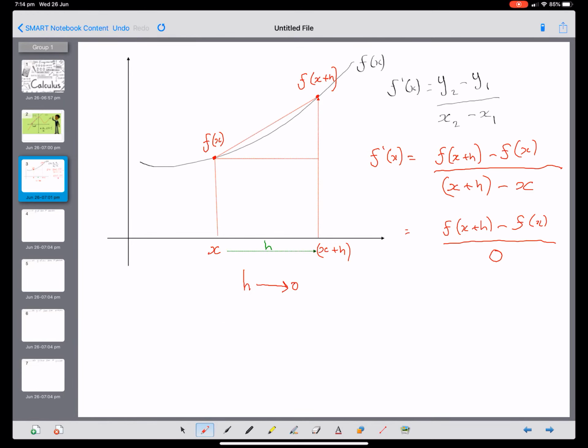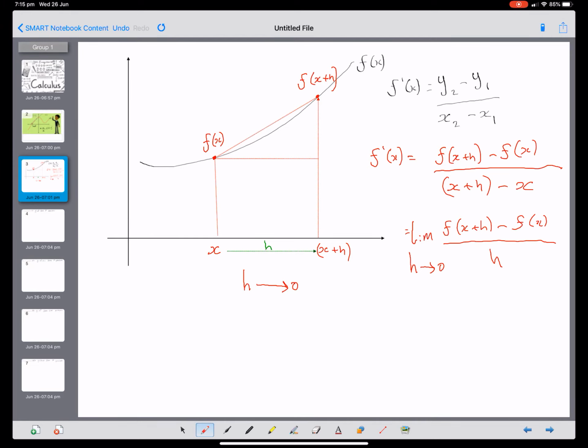Okay, so you can try that on your calculator. Do any number divided by 0 and you're going to get an error or an undefined message. We cannot divide by 0. So what we do instead is we take the limit of h as it approaches 0. So we write that as lim, standing for limit, h going all the way to 0 here.